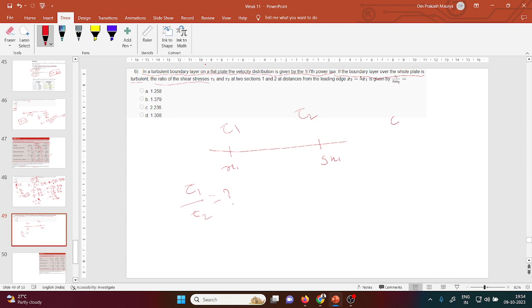You know your tau is directly related to your friction factor CF, and CF is inversely proportional to Re to the power 1 by 7, or it is Re to the power 1 by 5 also.